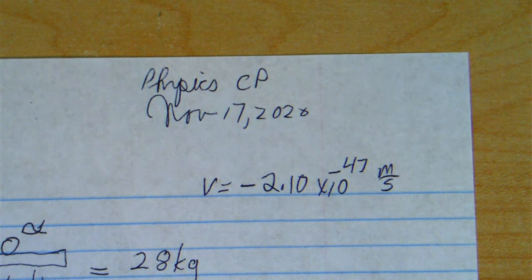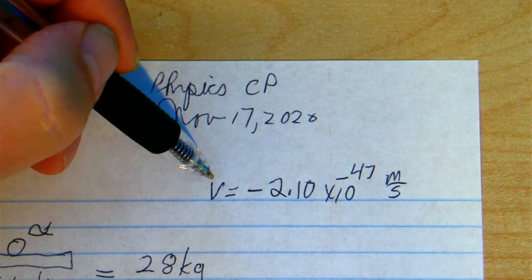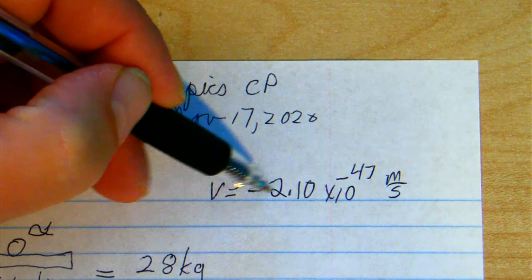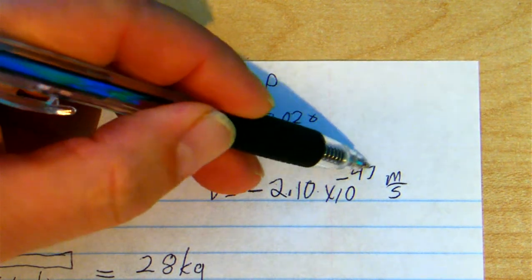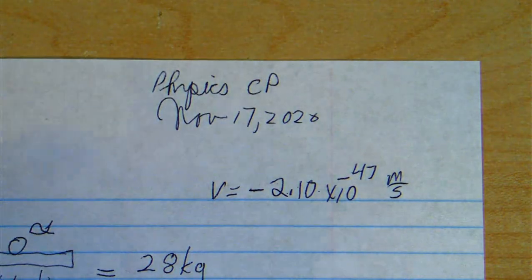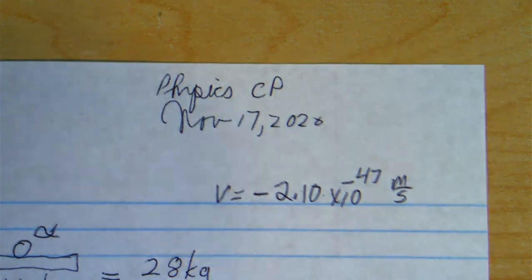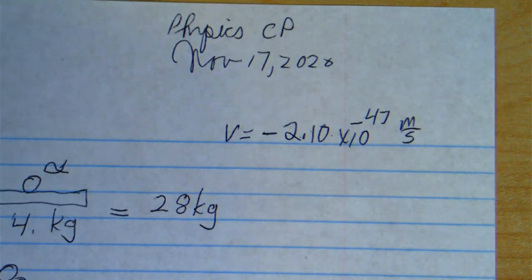Okay, just to repeat what you just said, students, your calculated velocity was negative 2.10 times 10 to the negative 47th power meters per second. So let's try to review a little bit about exponents.